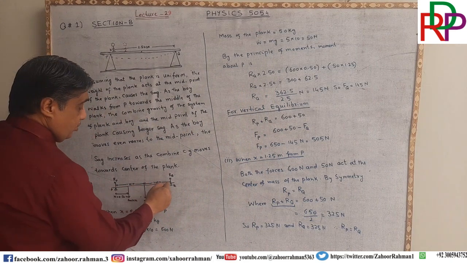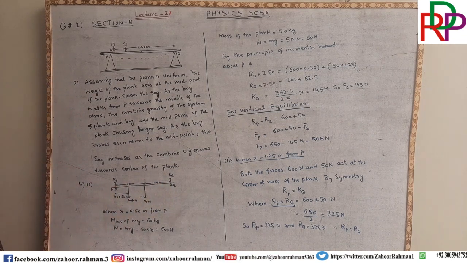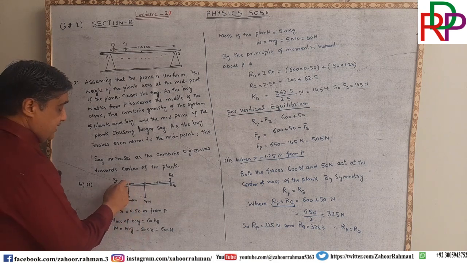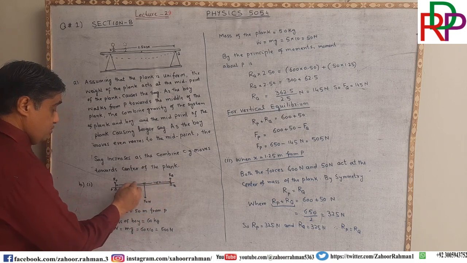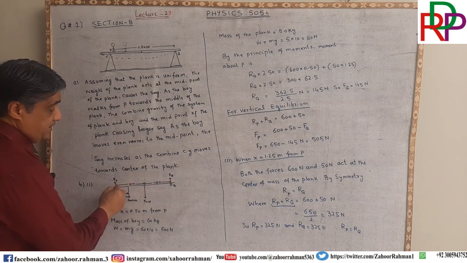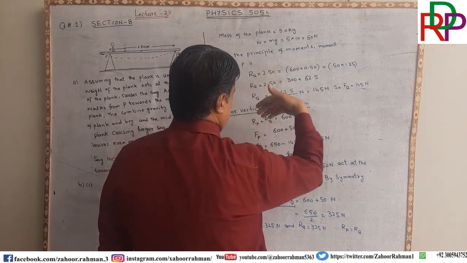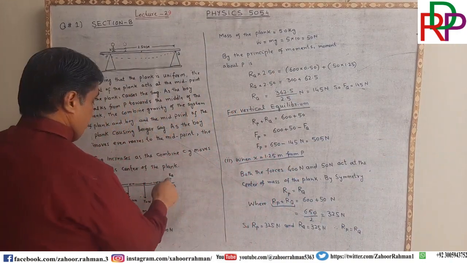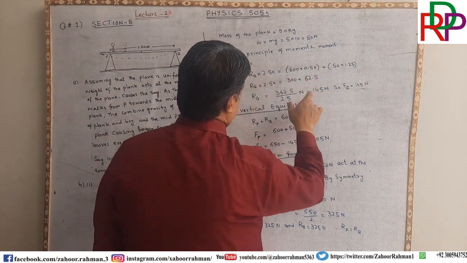This is the distance which is given to us as 2.50 meter. The whole length is 3 meter, but we are considering 2.5. So I wrote this as the anti-clockwise. This will be clockwise.